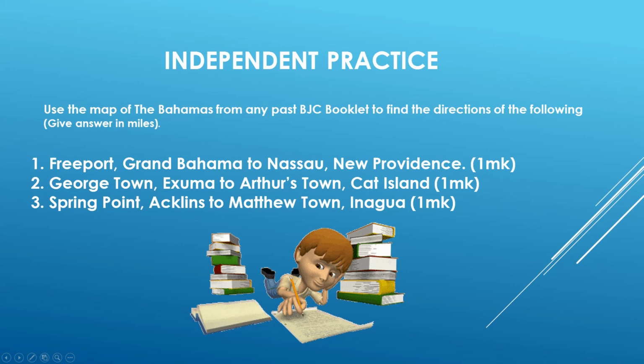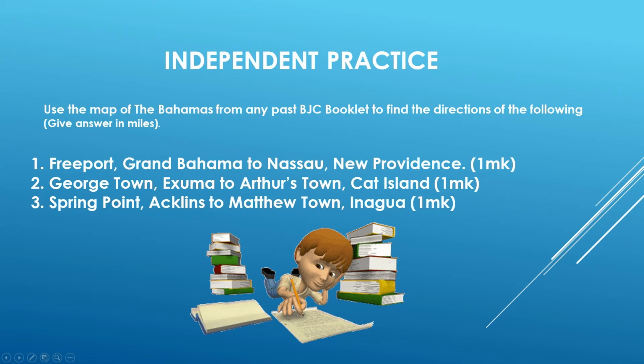Let's see if you understood the demonstration. It's time for independent practice. Use the map of the Bahamas from any past BJC booklet to find the distances of the following. Number 1, Freeport, Grand Bahama to Nassau, New Providence in miles.